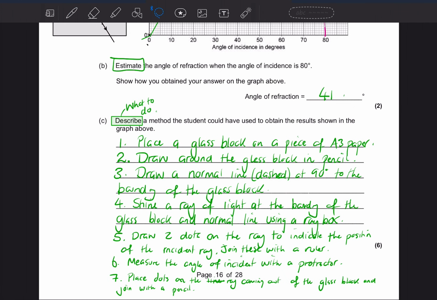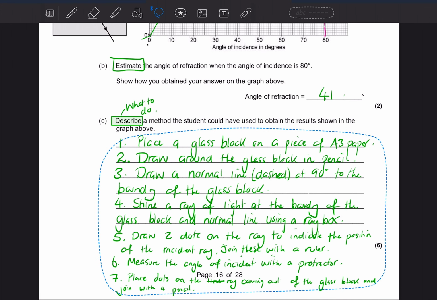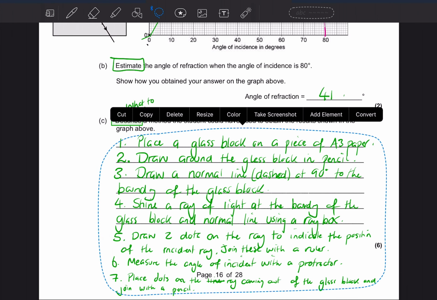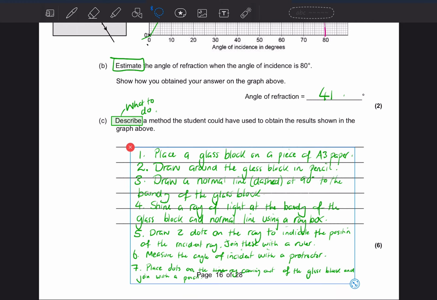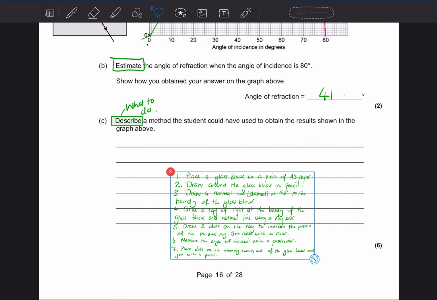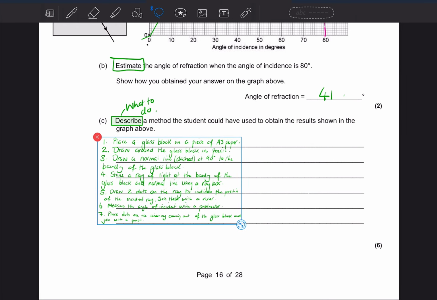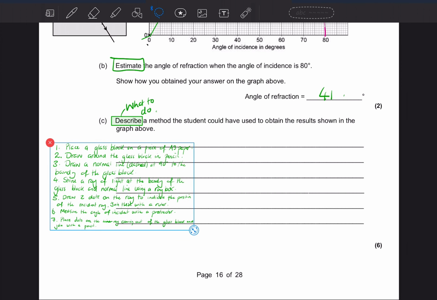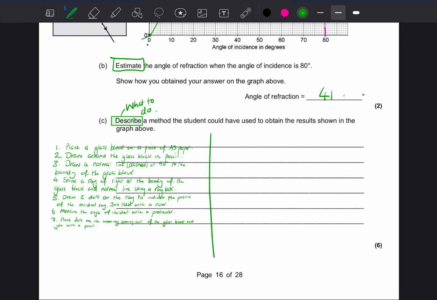What I'm going to do is just shrink this text down a little bit so I can carry on going. Normally I would just jump onto the next page, but I want to keep it on one page. So I'll put it over here, and then we can do our second part of the method over this side. So we're up to step 8. So place the dots, join it with a pencil, and then join the middle.